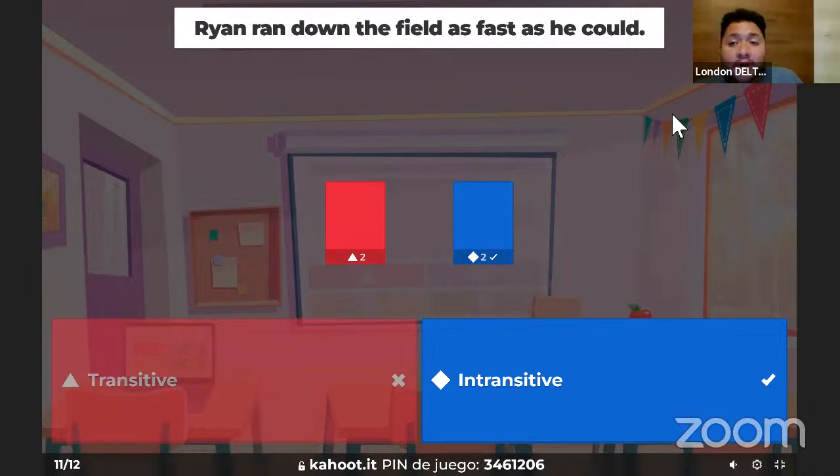So the verb run is intransitive because it's talking about Ryan, and Ryan is the subject. Entonces Ryan corrió, pero Ryan no corrió a alguien o algo, right? So it's intransitive. Any questions?